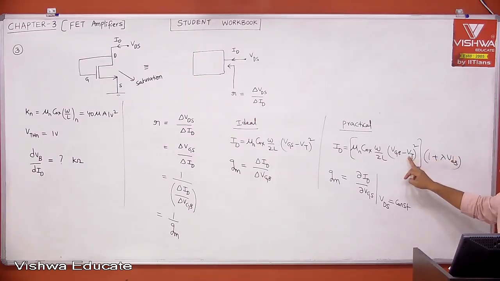If you include body effect, the VT also will be a function of VDS, but it is simply represented as VT. If you continue, there are so many practical effects to be considered, and it will match the hardware diode current, the drain current with respect to VGS and then VDS.